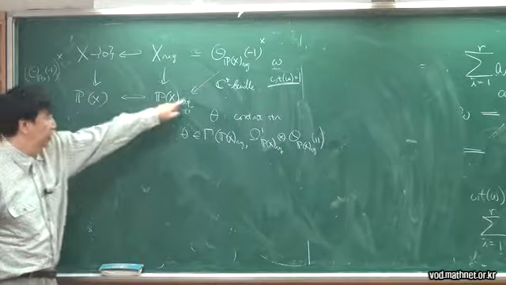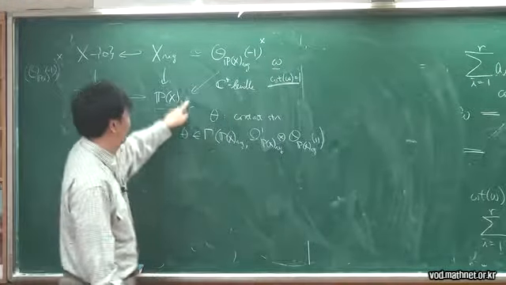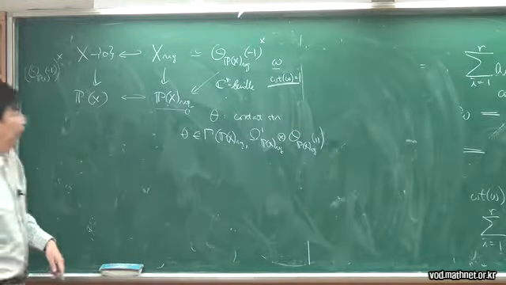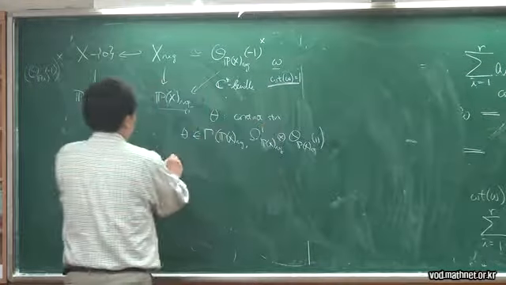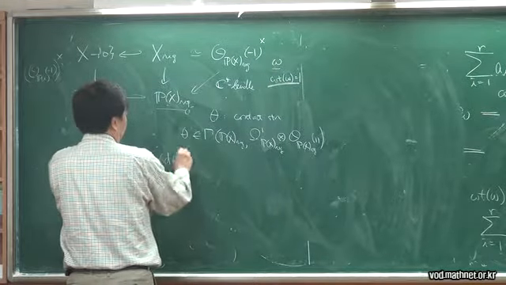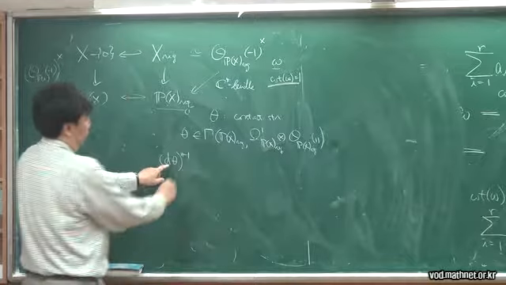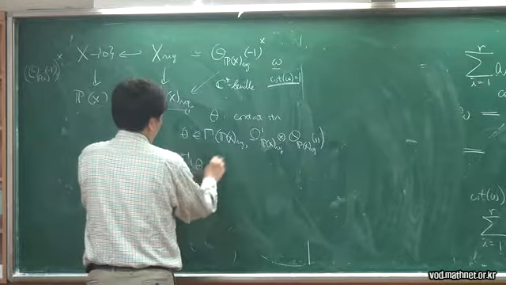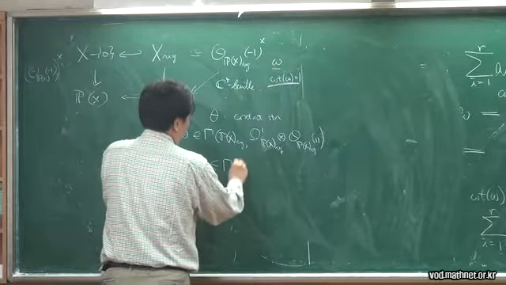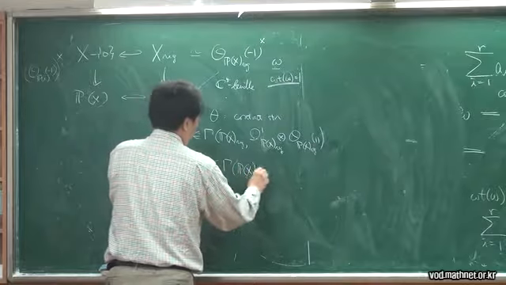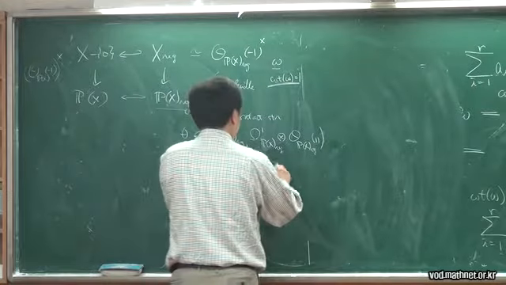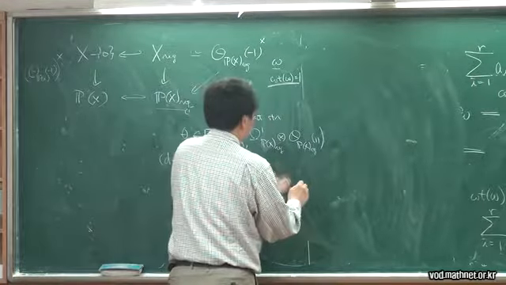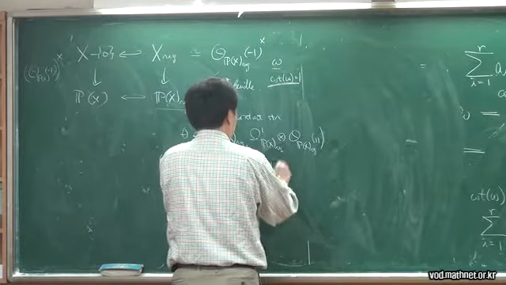Anyway, the regular part of PX has a contact structure. And contact structure means that this volume form is non-degenerate, nowhere vanishing.